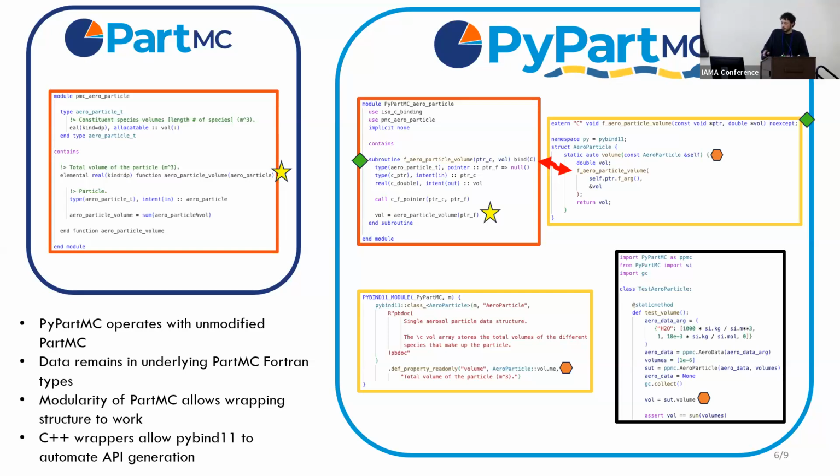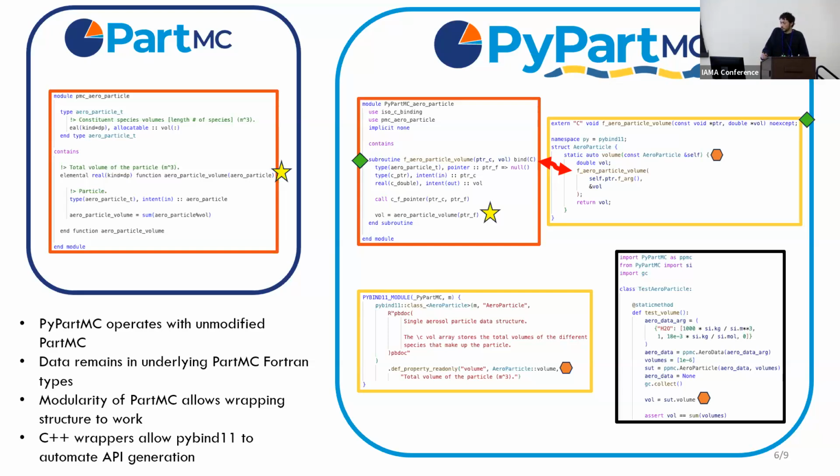And now I'll show how we go through and grant access to this function in Python through PyPartMC. So now we travel to the right-hand side of the screen, where we have this similarly colored Fortran file in this red color. And so we define this Fortran wrapper, where its primary job is to call the native PartMC function. And then once we have this Fortran wrapper, we need to move on and get this C++ wrapper, which is shown right next to it.